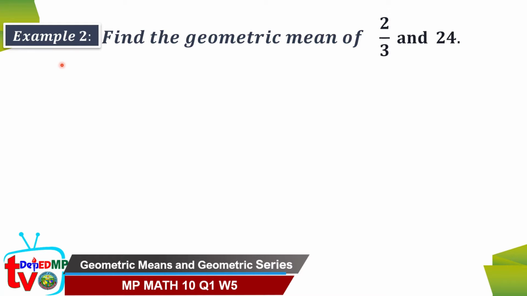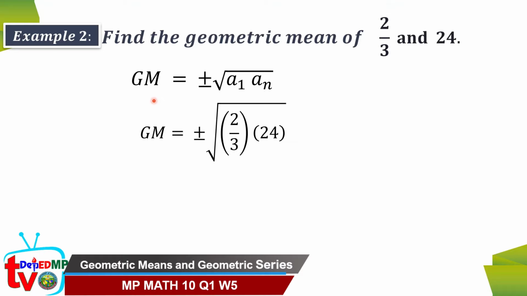For example 2, we are going to find the geometric mean of 2/3 and 24. Let us write the formula, then substitute the given values. So we have geometric mean is equal to the positive negative square root of 2/3 times 24. These are our first term and last term.